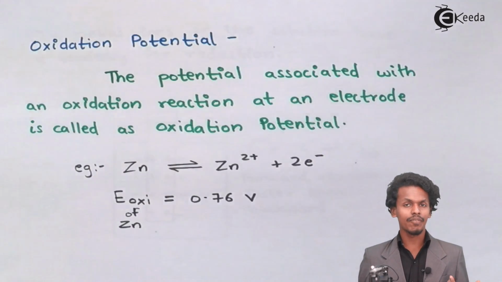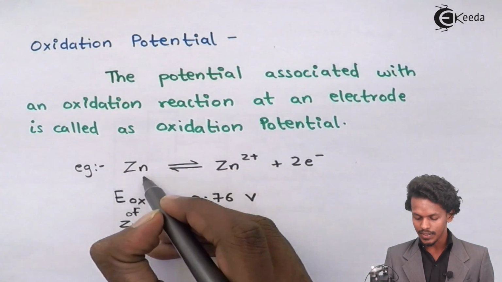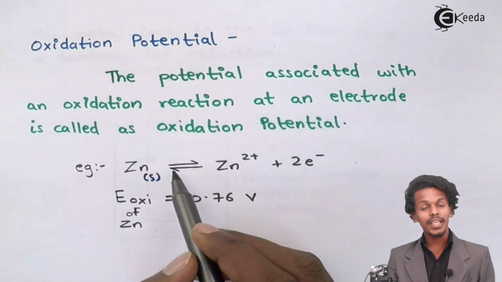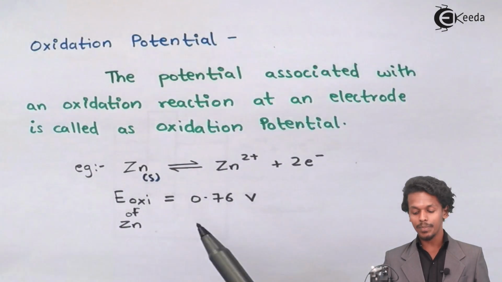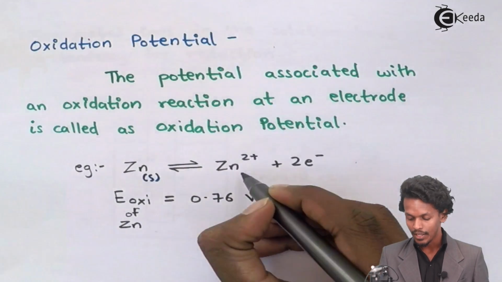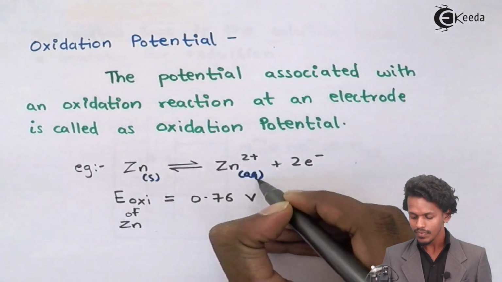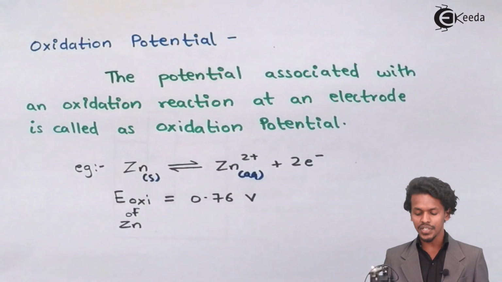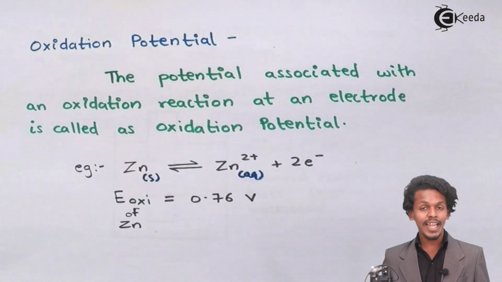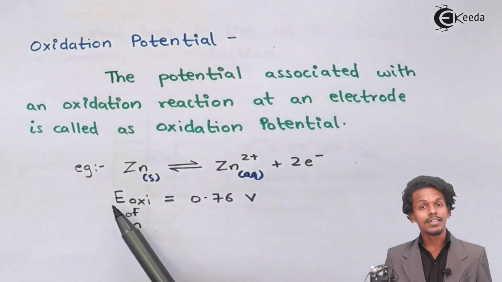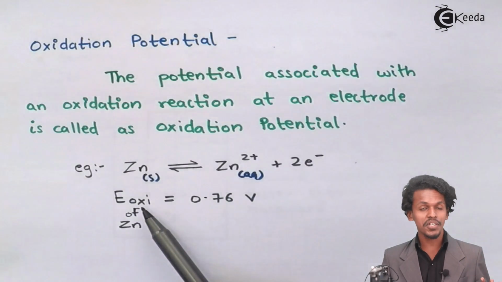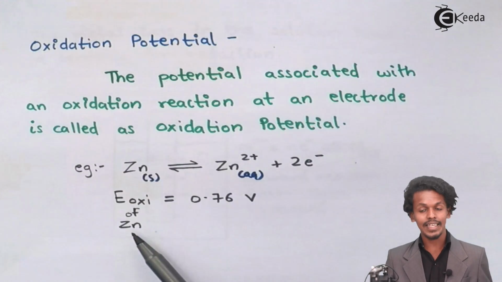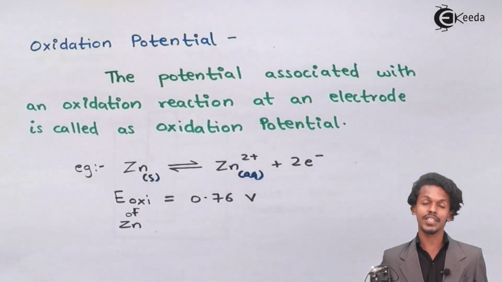For example, I have taken zinc, which is present in solid form, and at equilibrium it generates Zn2+ while also eliminating 2 electrons. During this oxidation, the potential of zinc was found to be 0.76 volt.